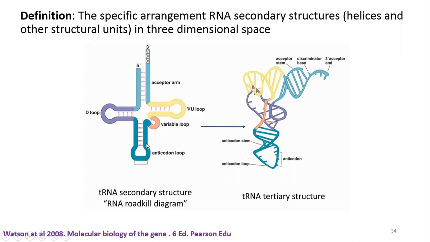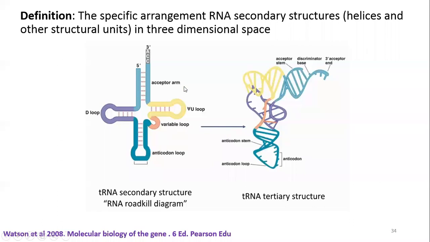Then you have the anticodon loop, the variable loop, the T psi C loop, and the acceptor arm. Of course, the anticodon arm is the one that will interact with the mRNA molecule, and over here you would have your amino acid attached.